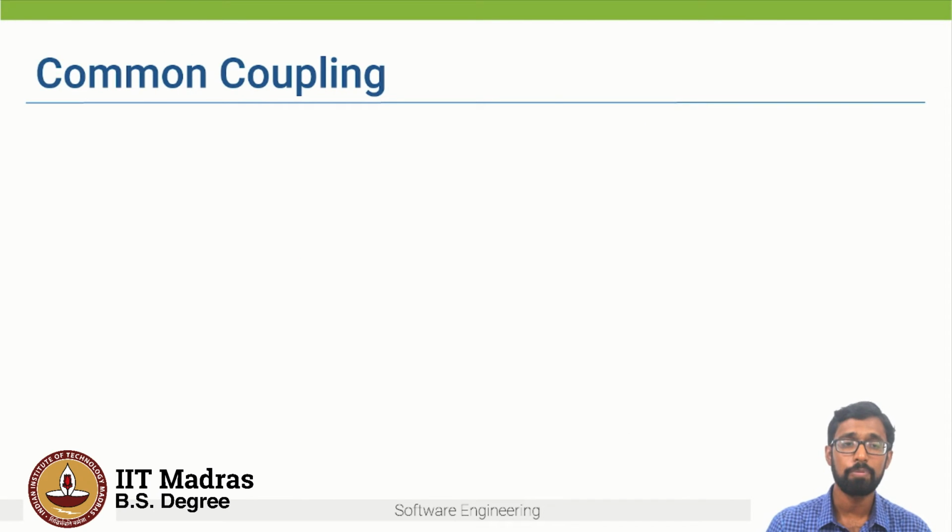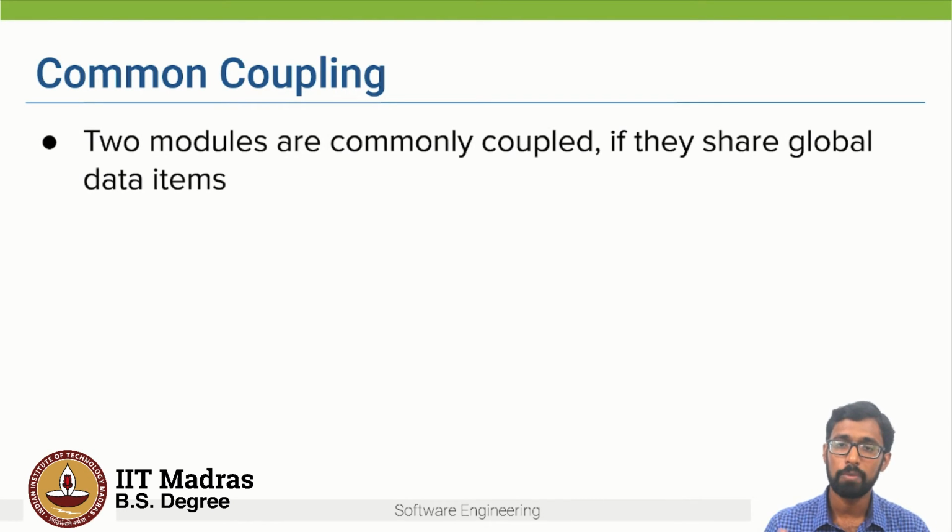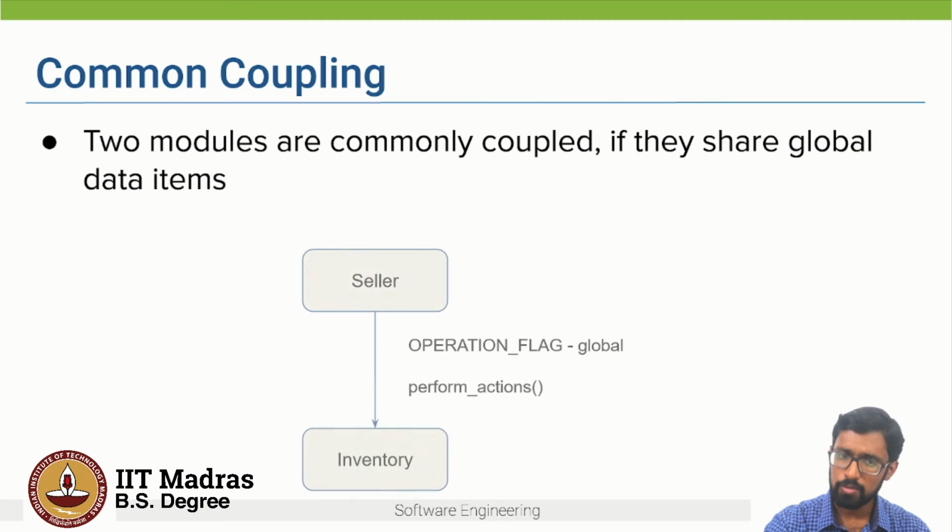The next type of coupling is known as common coupling. Two modules are commonly coupled if they share some global data items. Taking the previous example itself, operation flag can be a global variable.